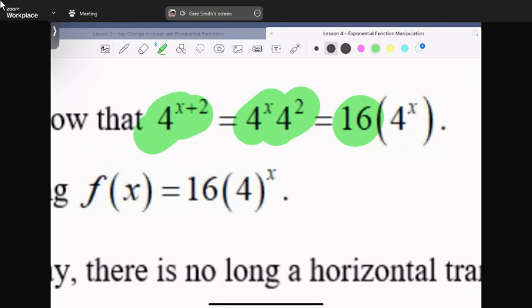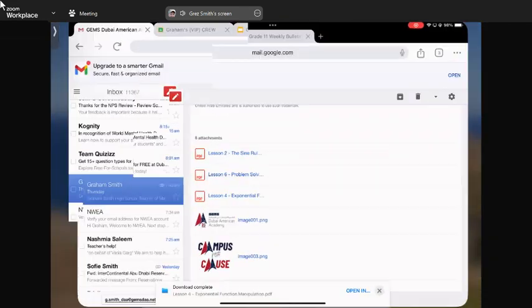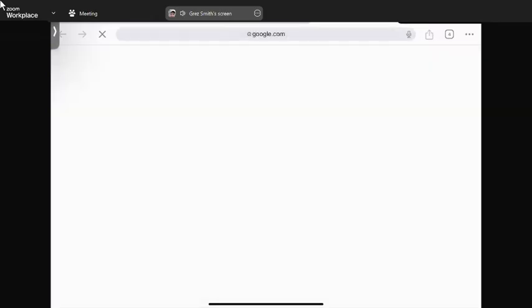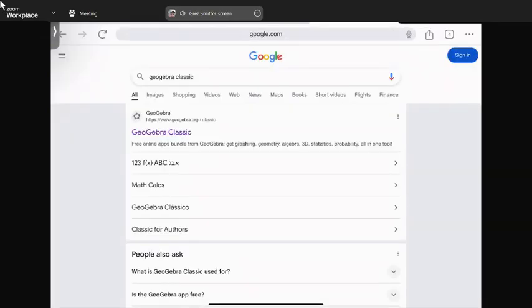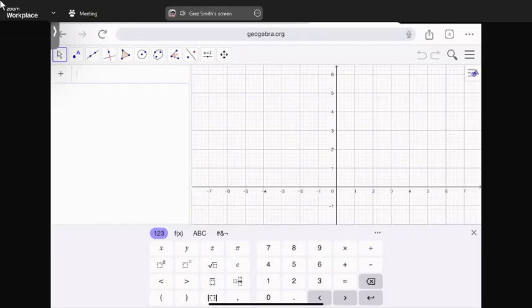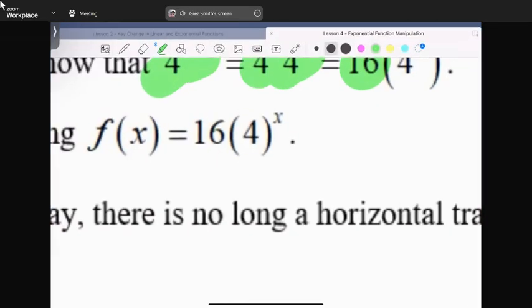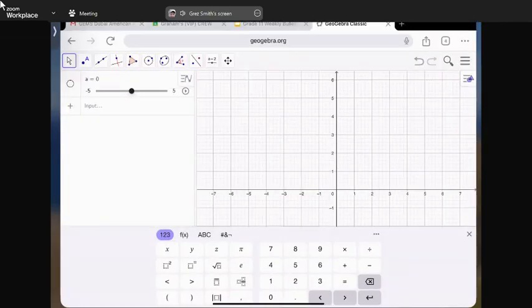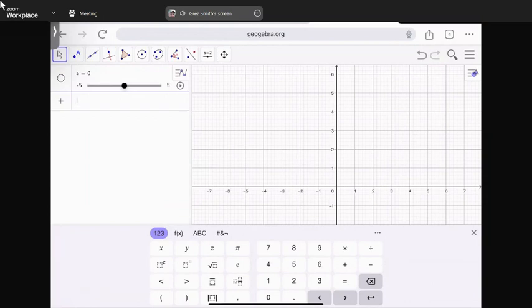Should we have a look at it? I think maybe I can pull up my GeoGebra from the other day and we can see that. Let me just type them in. What were the 2 functions? 4 to the x plus 2 and 16 times 4 to the x.